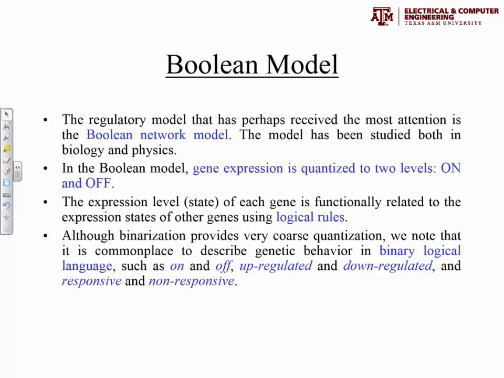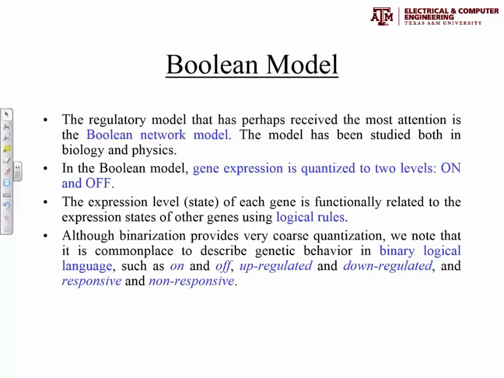The regulatory model which has perhaps received the most attention is the Boolean network model. This model has been studied both in biology and in physics. It was introduced by Stuart Kaufman in the 1960s. In the Boolean model, the gene expression is quantized to 2 levels, on and off. Each gene can have one of 2 states.